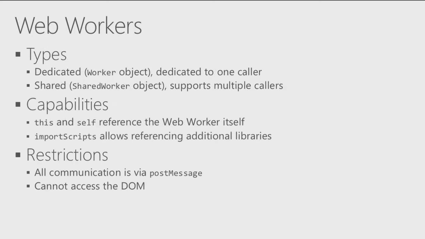If you're going to work with web workers, there are two different kinds you might care about. They're called dedicated and shared. Pretty straightforward idea. The dedicated web worker is dedicated to one caller. So when you ask it to spawn a thread, it's tied to one caller, and it does some work for that one caller. Shared web workers allow you to support multiple callers.